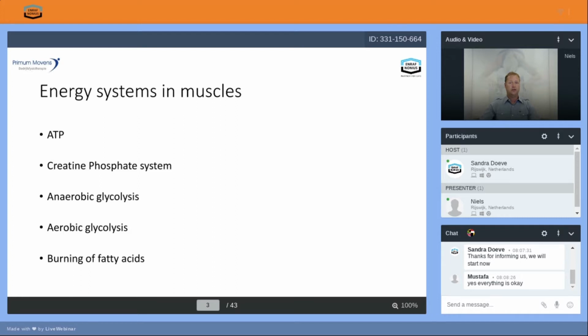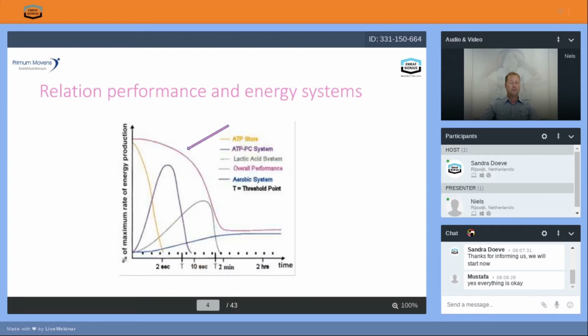When you look at this next picture, you see the energy systems all combined, and most important is the pink line above.